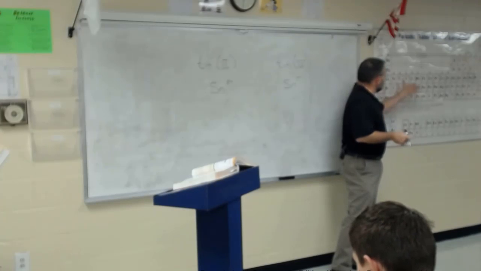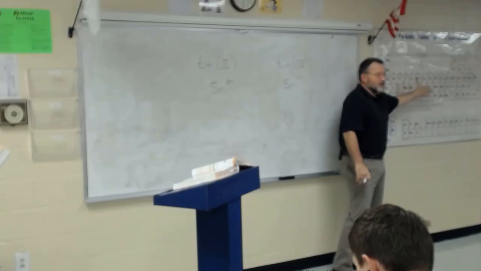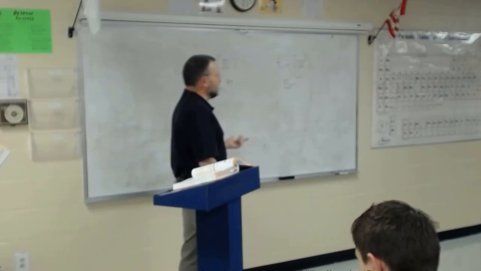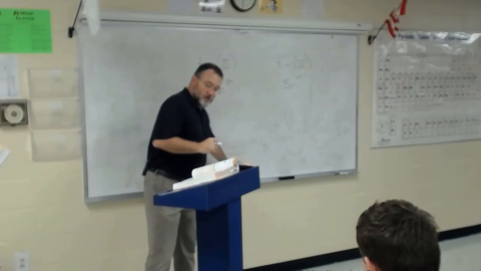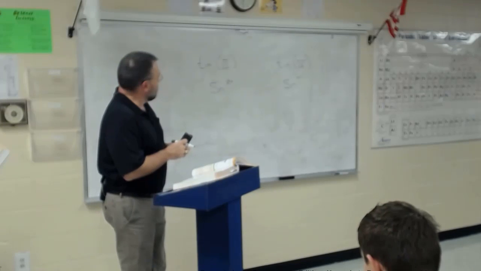So again, if you have a transition element, you're going to have to be given what ion we are dealing with. Again, in this case, is it a tin 2 or a tin 4? So, let's go ahead and do the On Your Own on 145. We'll do it together.